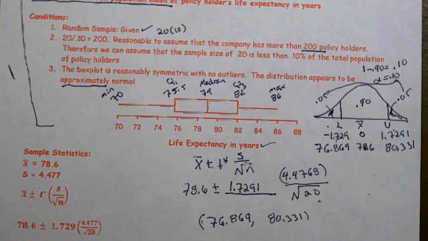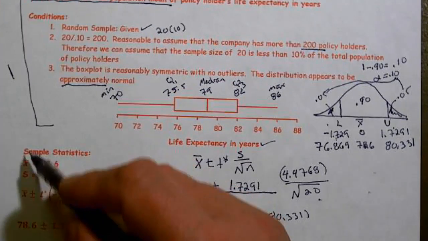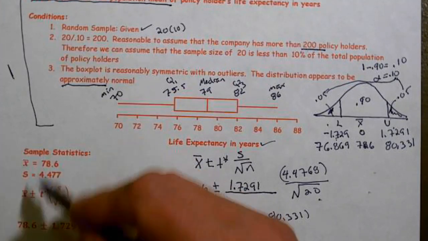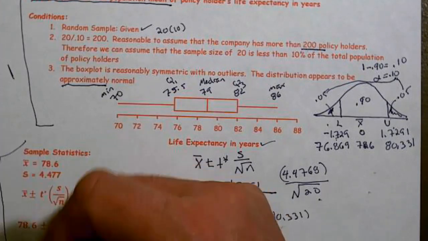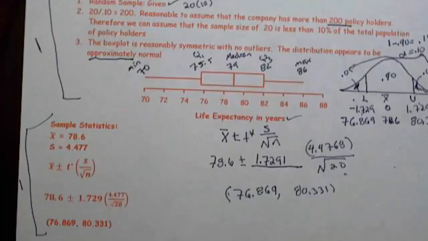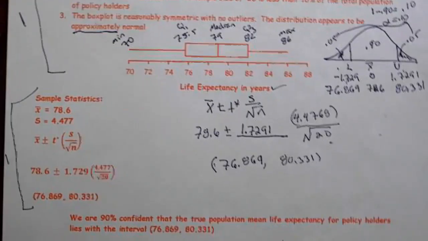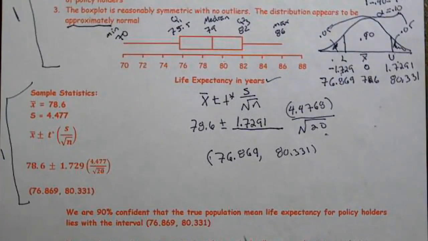All right, so this computational part that we just did is worth another point. And then our conclusion is typically another point, which in this case is: we are 90% confident the true population mean life expectancy for policyholders lies within the interval. This will change based on our confidence level, but we are blank confident the true population mean.